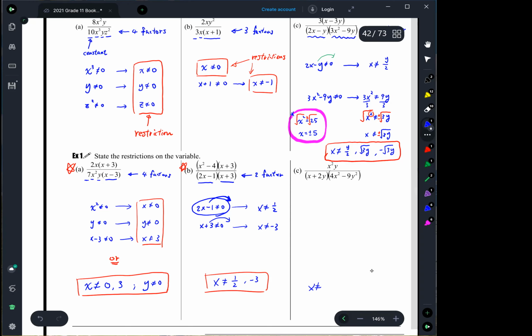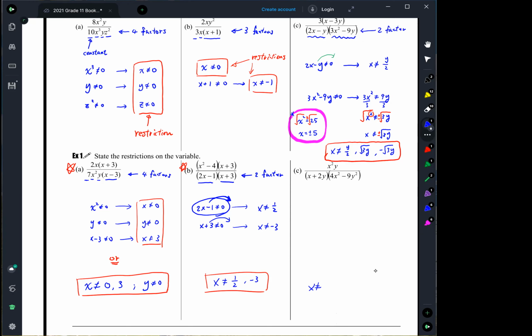Bernice, can you tell us one of the restrictions? I got x cannot equal -2y. Okay, very good. Isabella, can you tell us another one? I got x cannot equal 9y over 4. Mm. And Henry, do you have another one? No. So you just have 2?